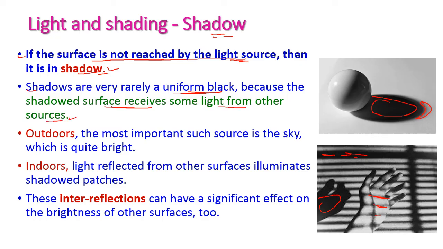Outdoors, the most important source is the sky, because the sky is very bright. Indoors, light is reflected from other objects, so this area gets some light. This is called interreflection. Interreflection means the light is reflected off other objects, so the area gets some light. So the shadow is not perfectly black.